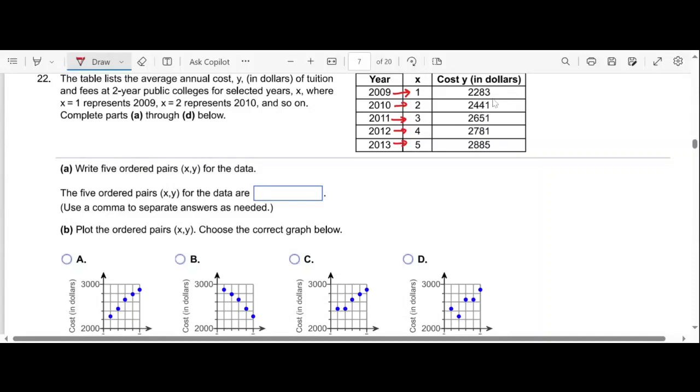So it's almost like 200, about 200. It's not exactly 200, but it's about 200. This one is about 100, and this one is about 100 as well. So the graph should be increasing.